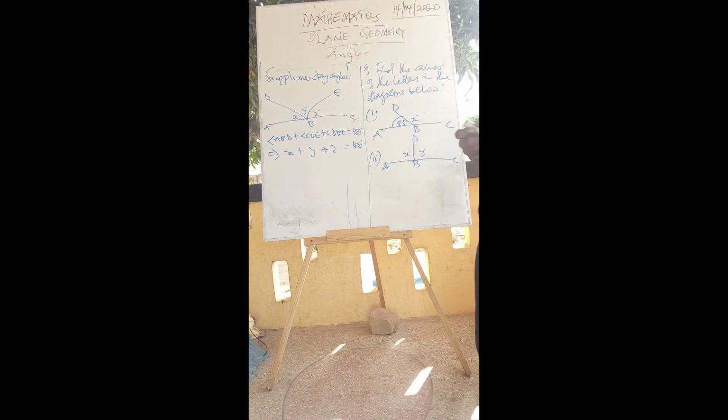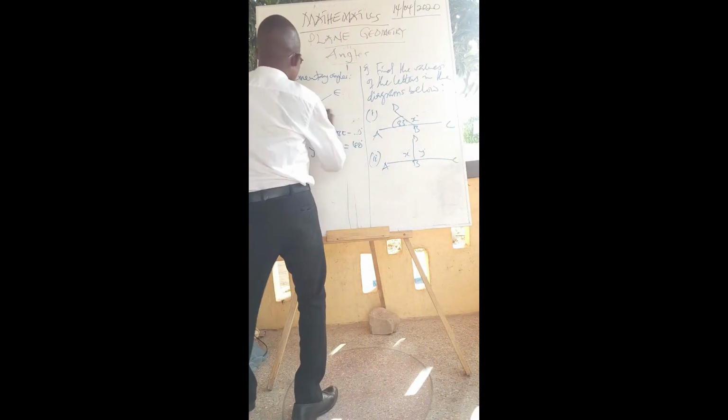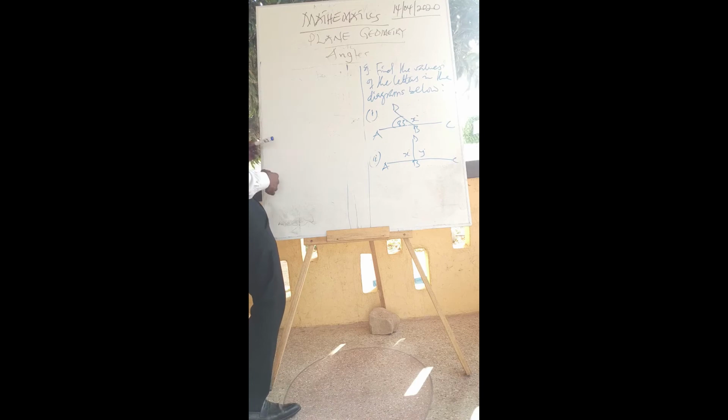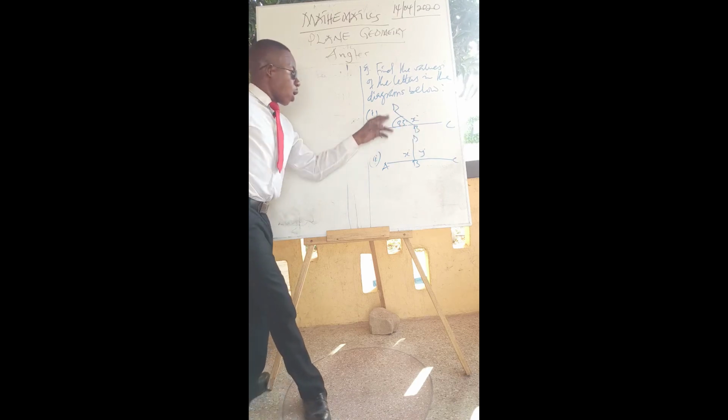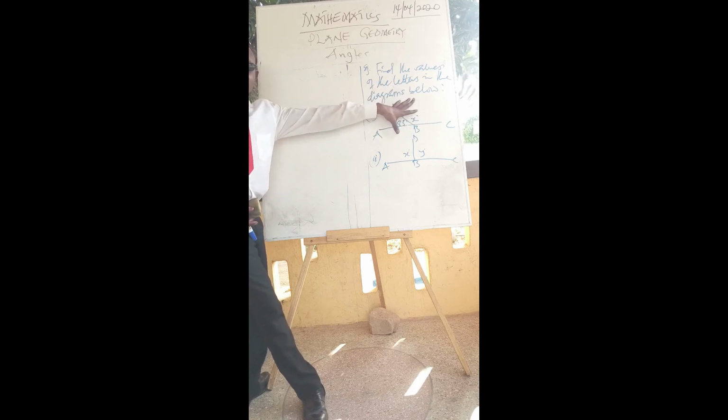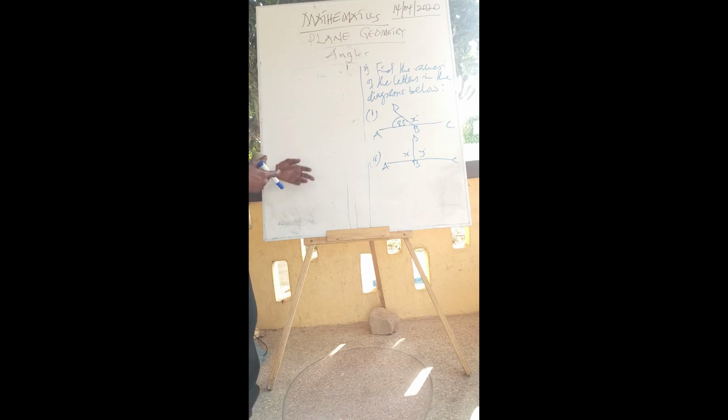So we have these two examples. Find the values of the letters in the diagrams below. We have this diagram, and this diagram. Let's solve them quickly. You realize that this is a straight line, and when two or more angles form an angle on a straight line, we call them supplementary angles.